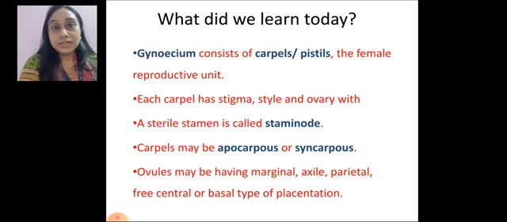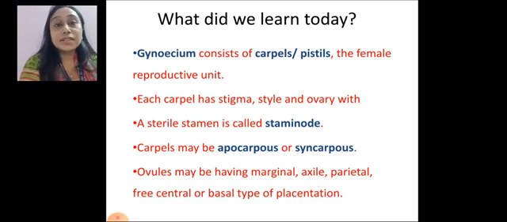Then we learned about gynoecium. Gynoecium, the fourth whorl, or the second reproductive whorl, consists of the carpels or the pistil, the female reproductive unit. Each carpel consists of stigma, style, and ovary. The carpels may be of two types.